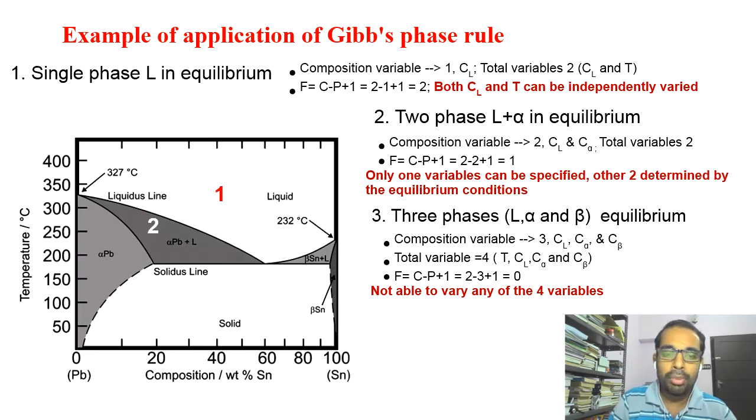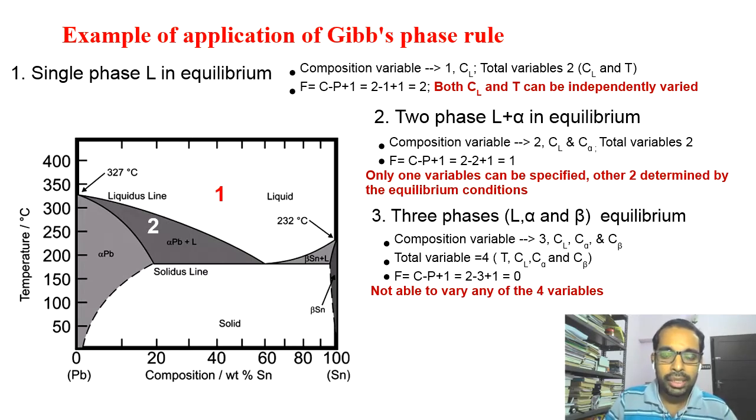So the total number of variables, V, should be 2: the temperature and the composition of the liquid. According to the phase rule, the degree of freedom F is equal to C minus P plus 1, because here we keep the pressure constant, so that is why there is plus 1.